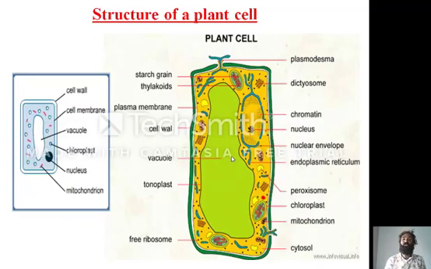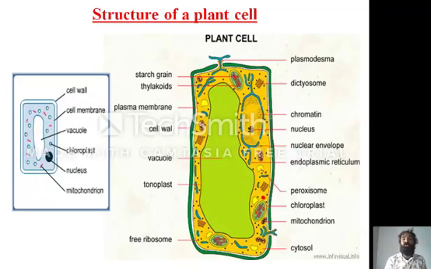The vacuole is surrounded by a layer called the tonoplast.